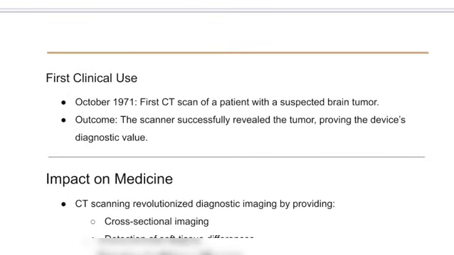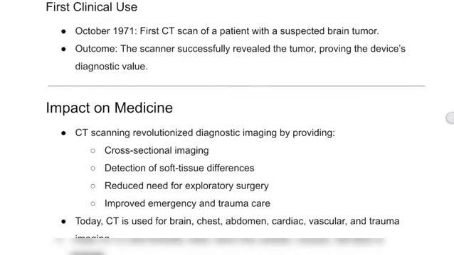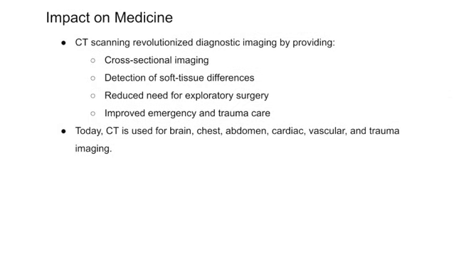In first clinical use, in October 1971, the first CT scan of a patient with a suspected brain tumor was taken. The scanner successfully revealed the tumor, and it proved the device's diagnostic value and its impact on the medical field.